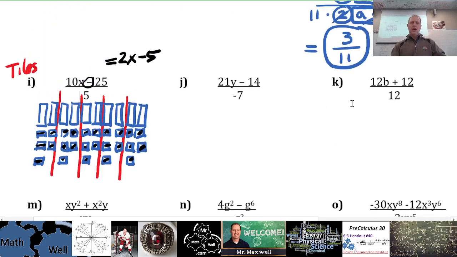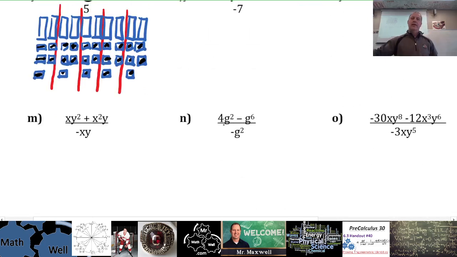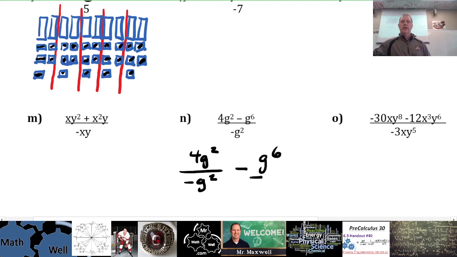All right, so I was asked about N, so I'll do N as well. Okay, so I would write this as 4g squared divided by negative g squared. Now, this is curious because you've got a minus up here and you've got a minus on the bottom. So let's do this. Let's do minus g to the 6 over here divided by negative g squared.